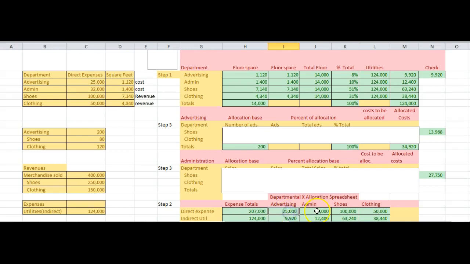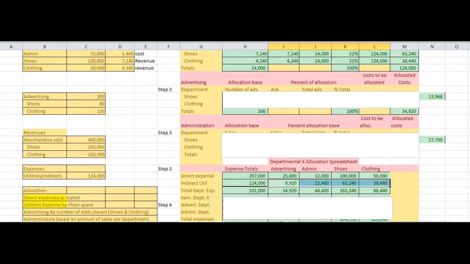Those become allocated here. We then take these numbers and put them in the appropriate departments. Okay, once we get that done, we now have expenses allocated to each department. These are direct or expenses that we've assigned.